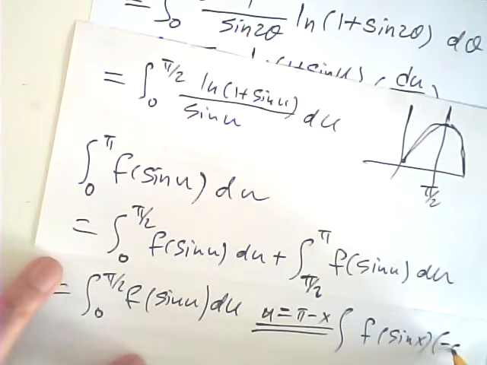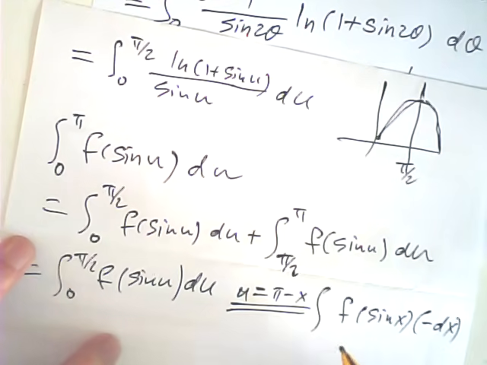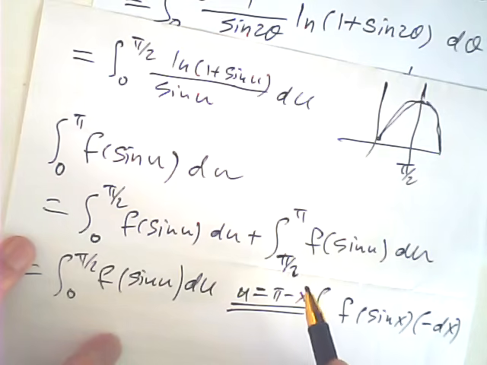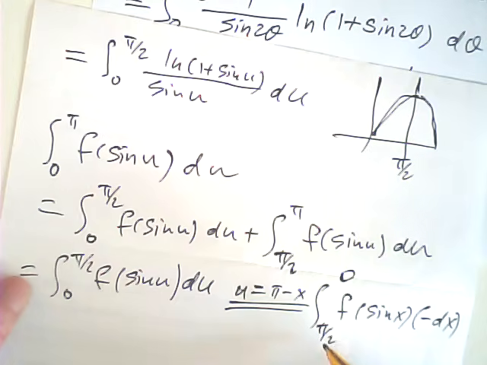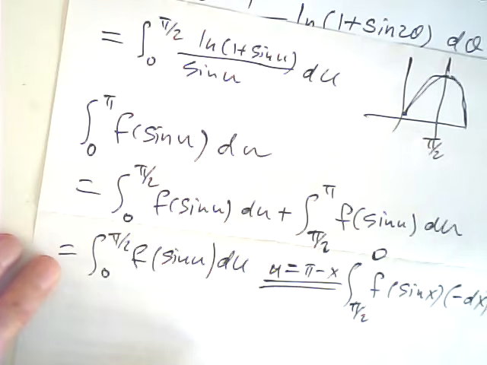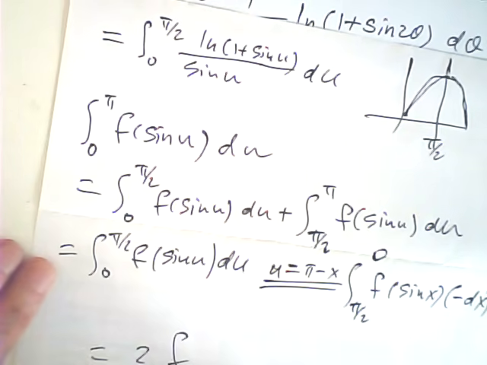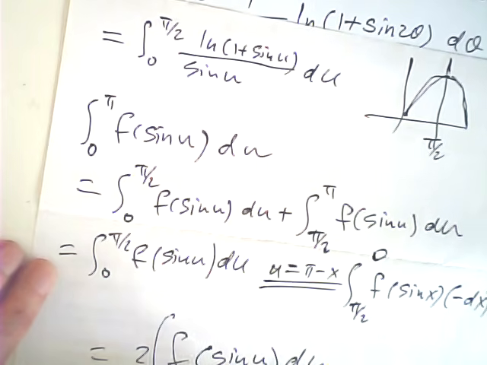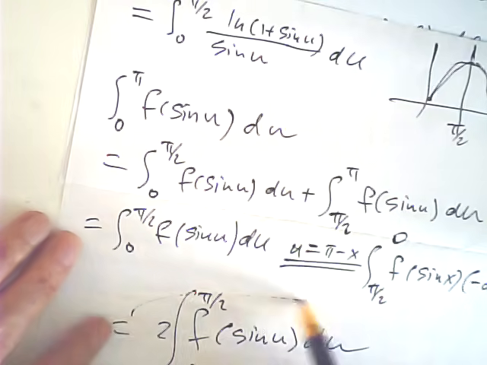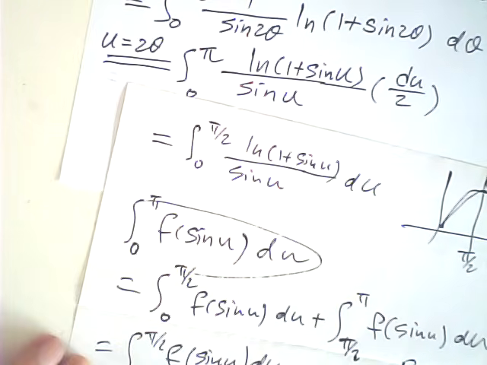This will be negative dx, and when u equals half pi, x is half pi. When u equals pi, x is 0, right? So I use this negative change, this one switches the order. Therefore, this one is equal to that. So this one equals function of sine u. So I proved this one equal to this.